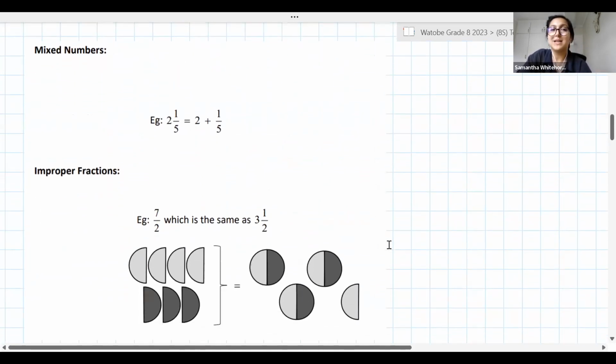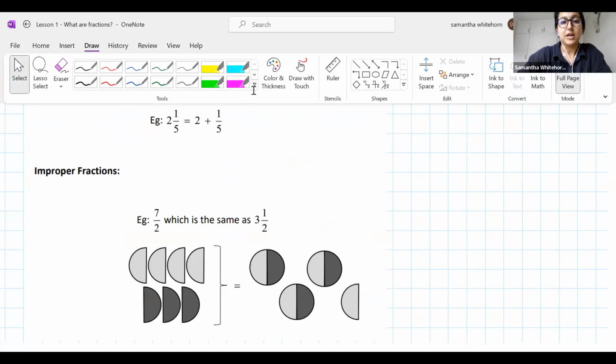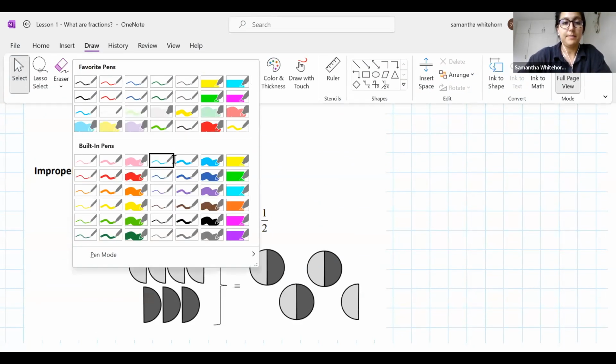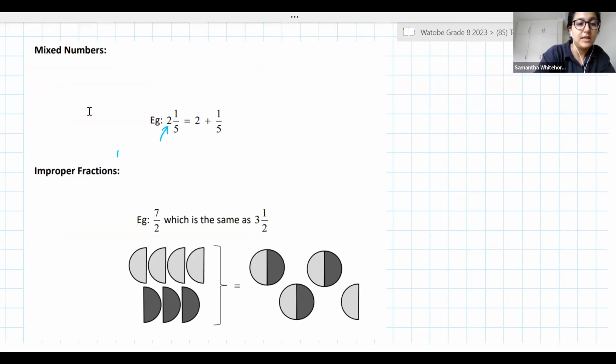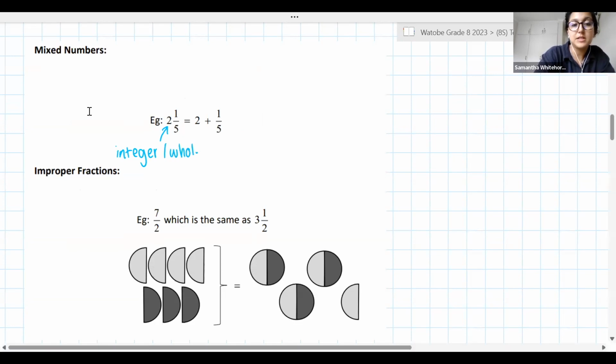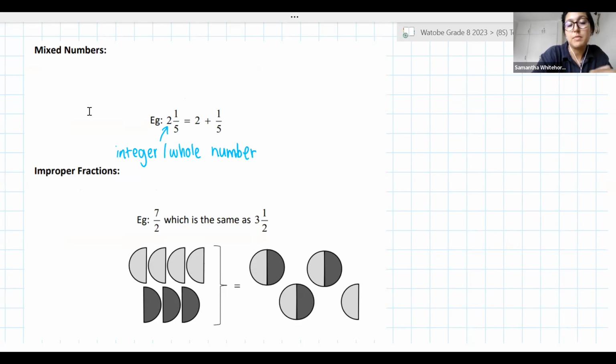The first one is a mixed number. Mixed numbers essentially have, much like a fraction, 2 parts to them. The first part is the integer or the whole number part. I'm saying integer just because sometimes that whole number can be negative, so it's important to remember that.